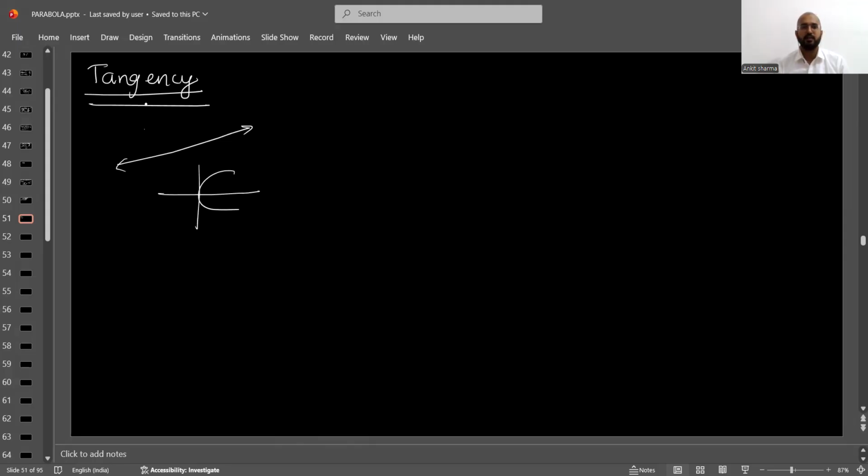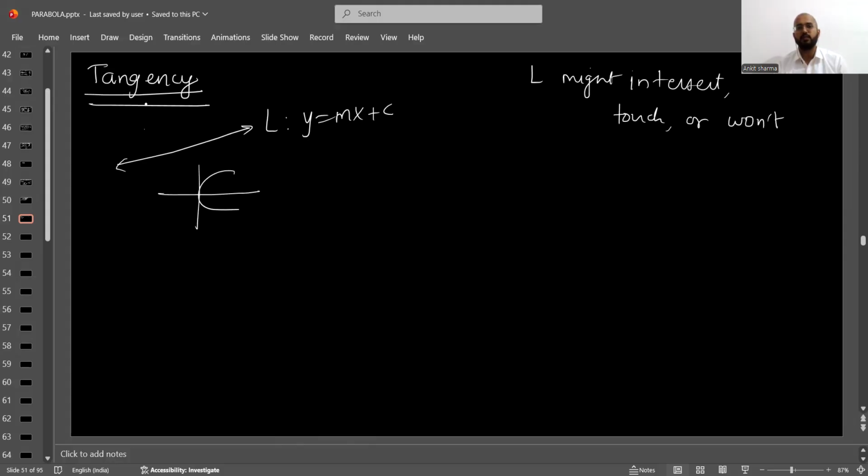Either this line L will intersect the parabola, so I can add on here y is equal to mx plus c be the equation of the line, or it might touch, or it won't touch. So these are the only three possibilities for a line with a parabola.